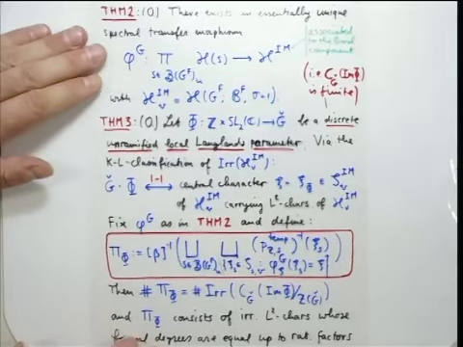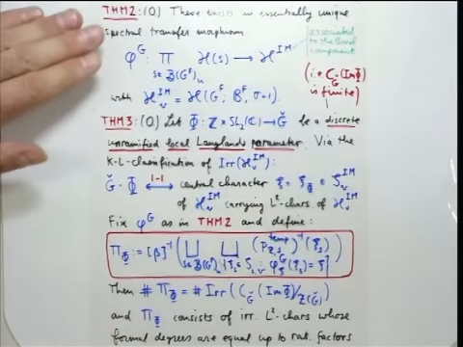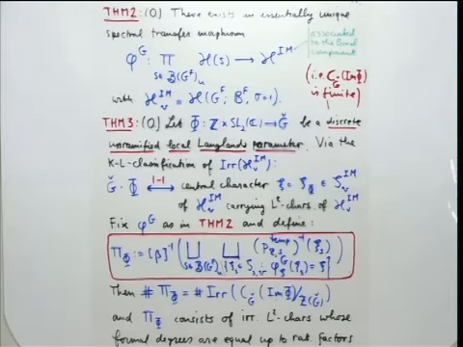So the first theorem that is quite striking is that there exists an essentially unique spectral transfer morphism from this whole cloud of unipotent Hecke algebras to the one associated to the Borel component.